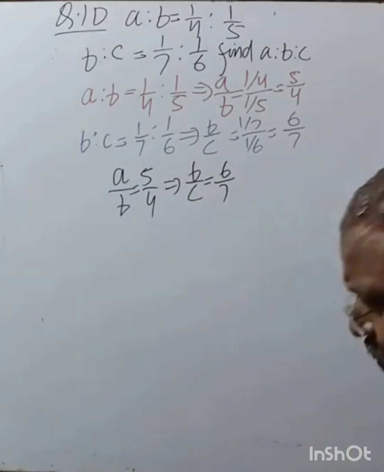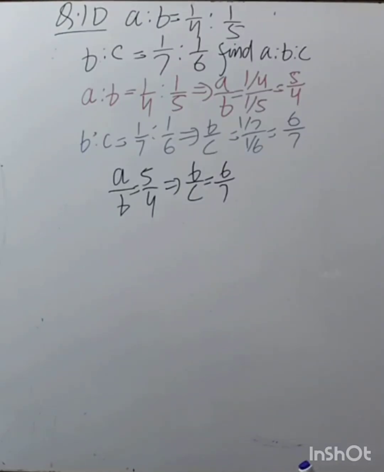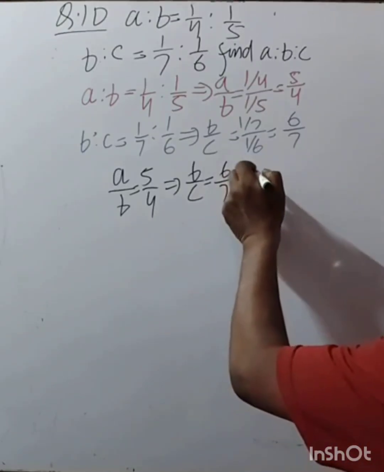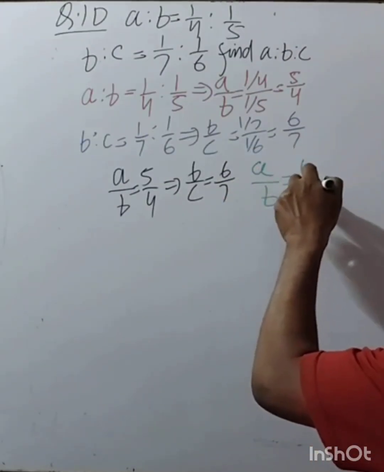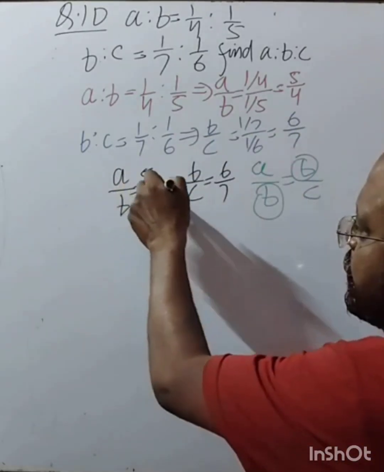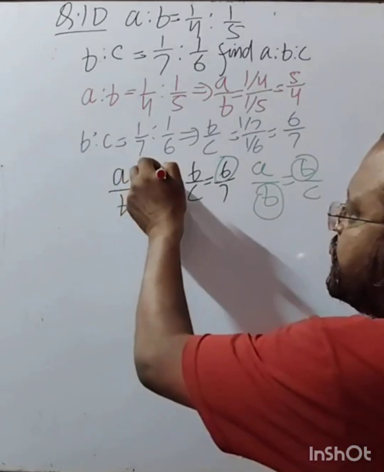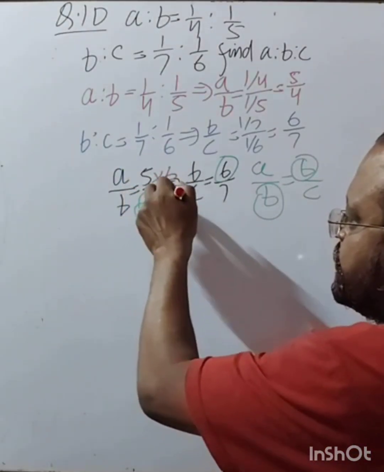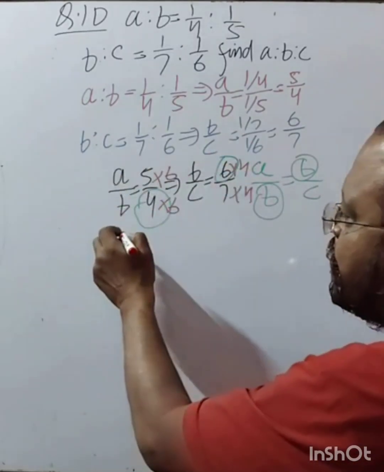If you go in continued proportion, this B should be the same. So how can you make it the same? Take the LCM. If you multiply this by 6 and this by 4, so you get how much?